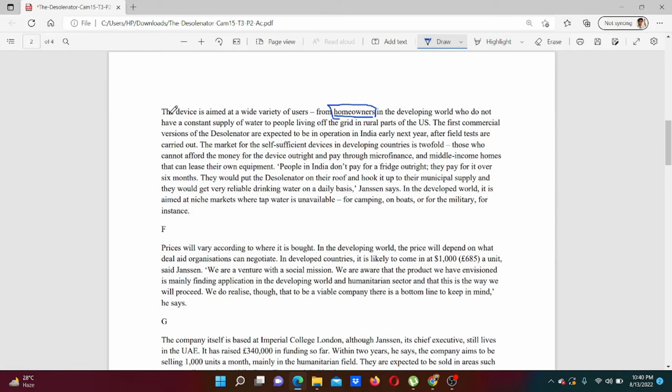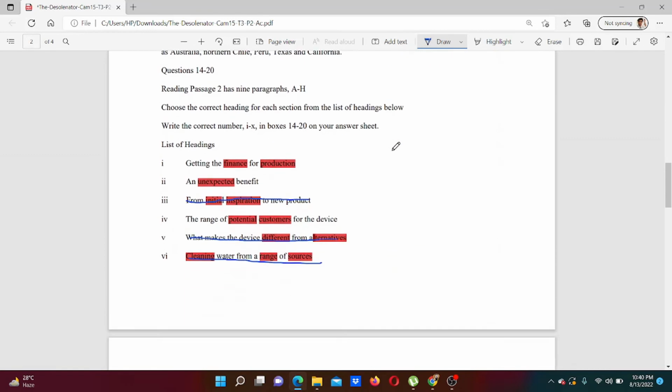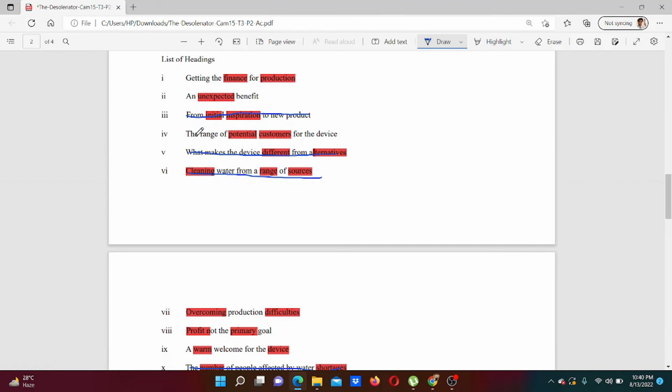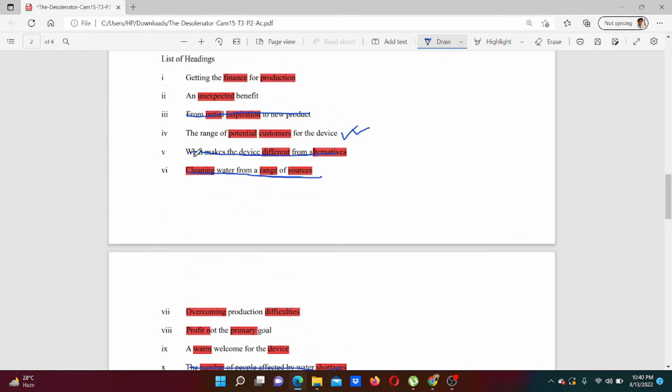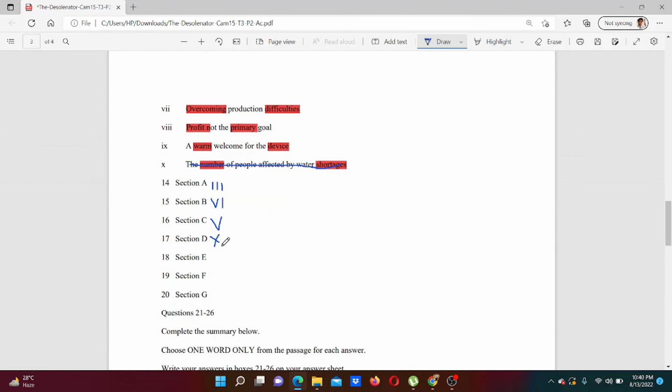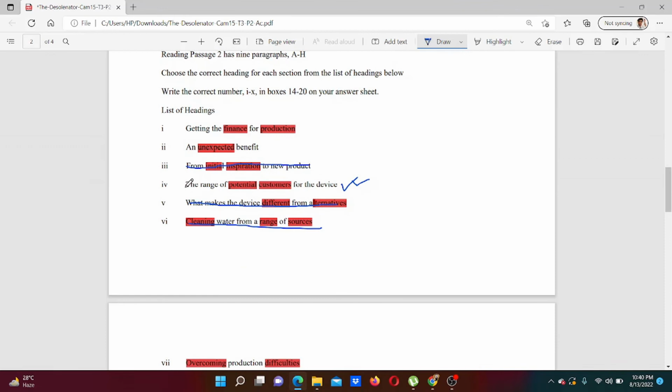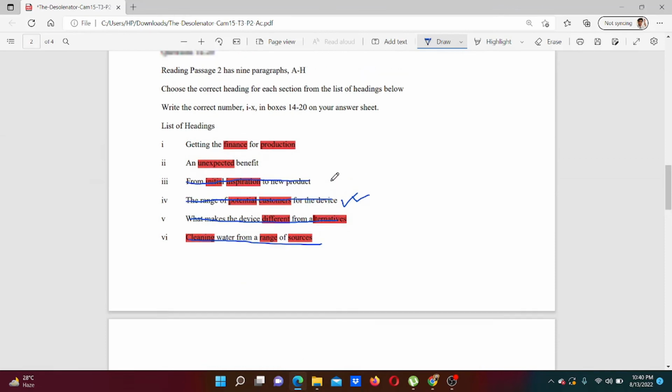By this line we can see that the device is aimed at a variety of users, from homeowners to the first commercial users. So the answer will be the range of potential customers for the device. Anyone, from a homemaker onward, can use those devices. So we can also cut the answer.